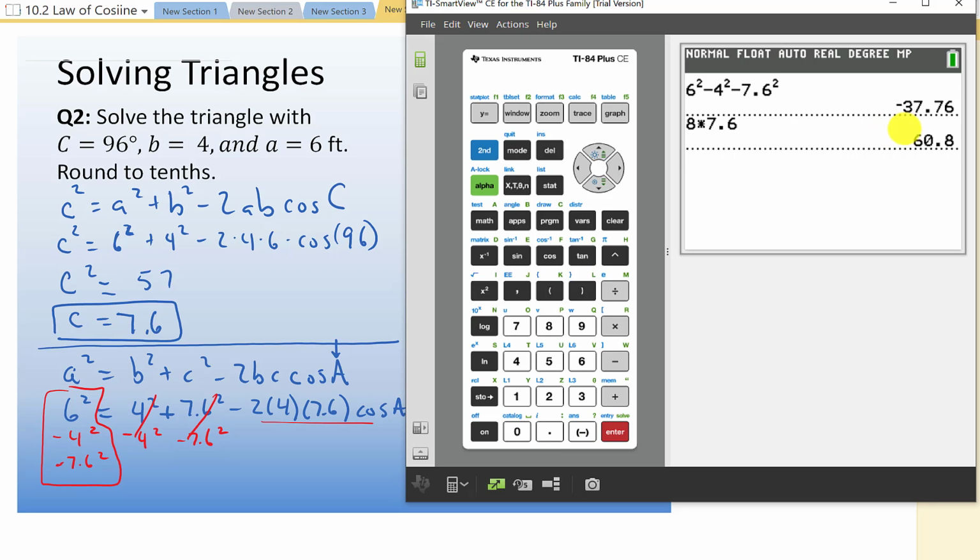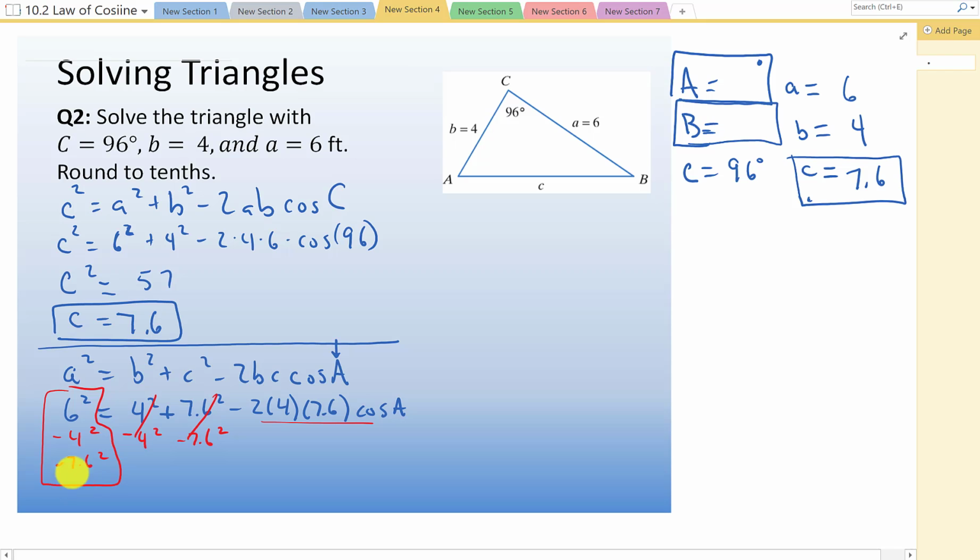Now the calculator disappears, so I have to remember both of those numbers. I don't want to mess that up. So 37.76 and 60.8. So when we did this math over here, the calculator told us that it was negative 37.76 equals.